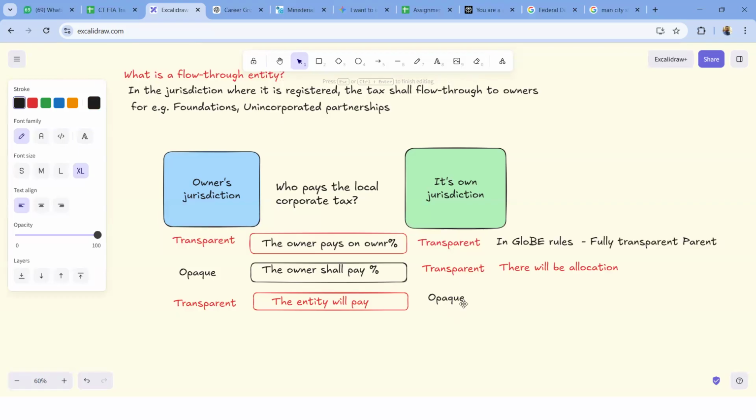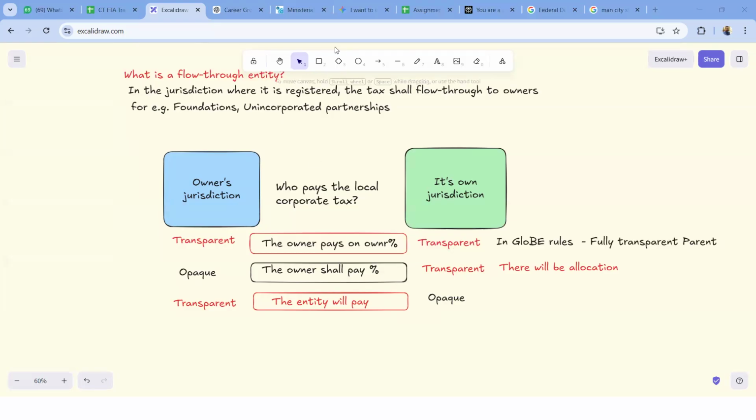In the entity's own jurisdiction, it is opaque. So it's not a fully transparent entity, it is only partially transparent. So in such a scenario, will there be an allocation or not? Okay, I see that there are a lot of no allocation, but Reshma says yes, allocate.